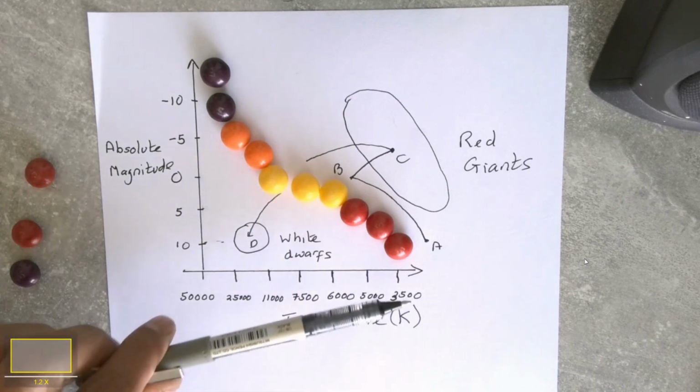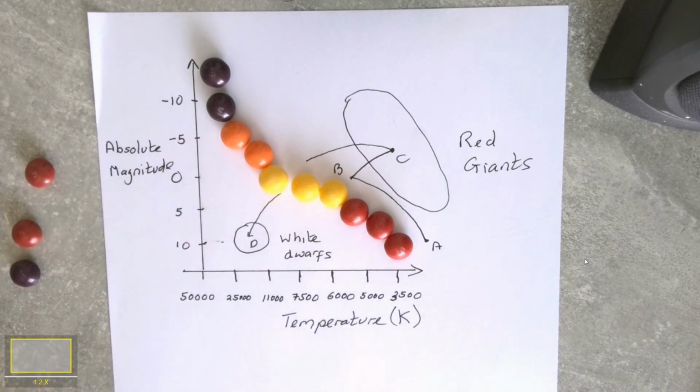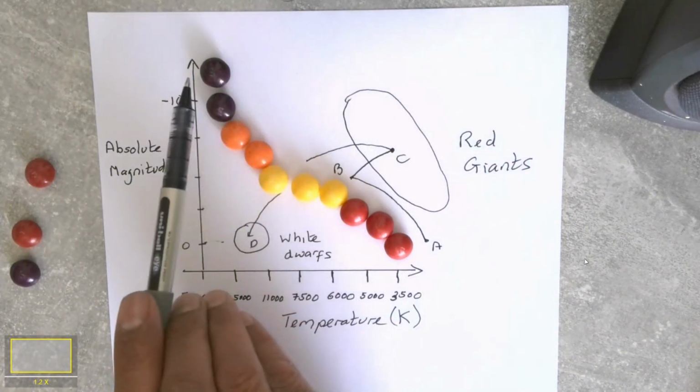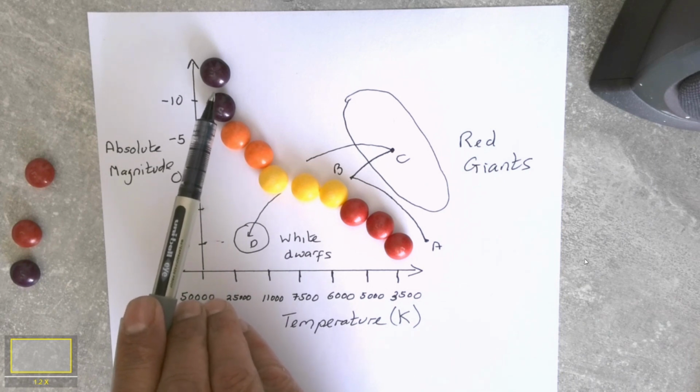When we look at stars, and at what their temperature and absolute magnitude are, by plotting it on this chart, it can tell us at what phase of its life it actually is. So it's quite a useful diagram to have. If we have a larger star, it would be over here.